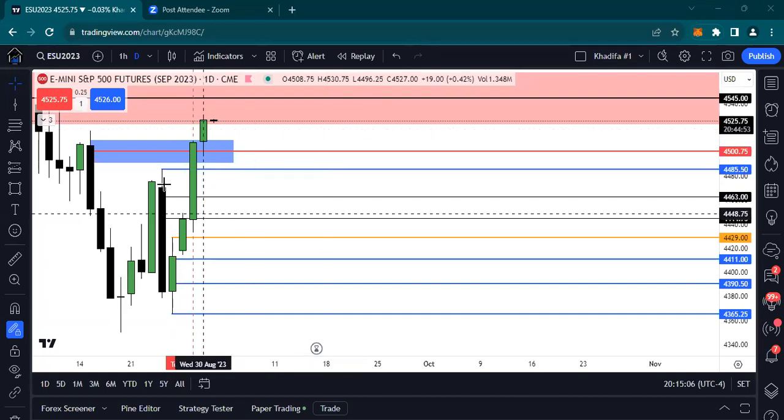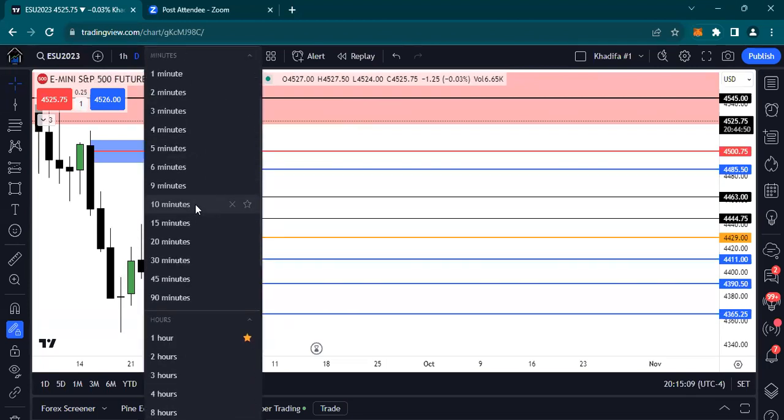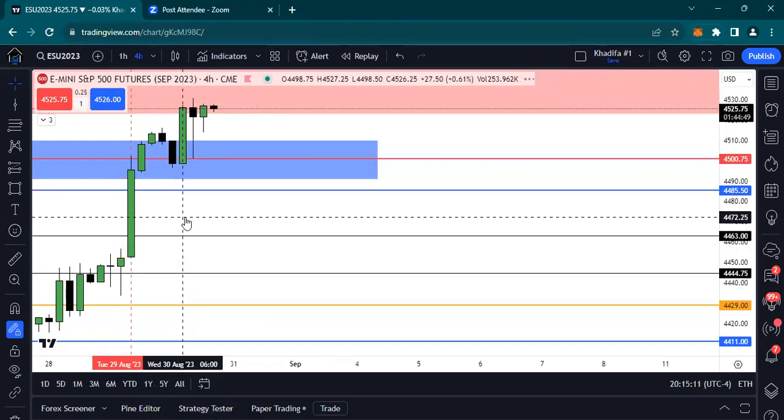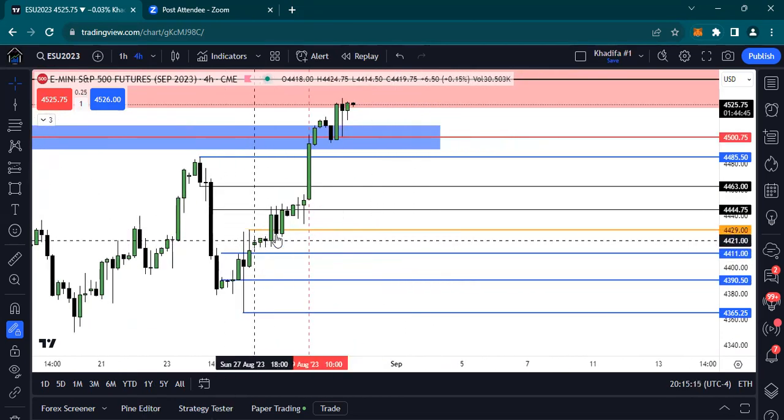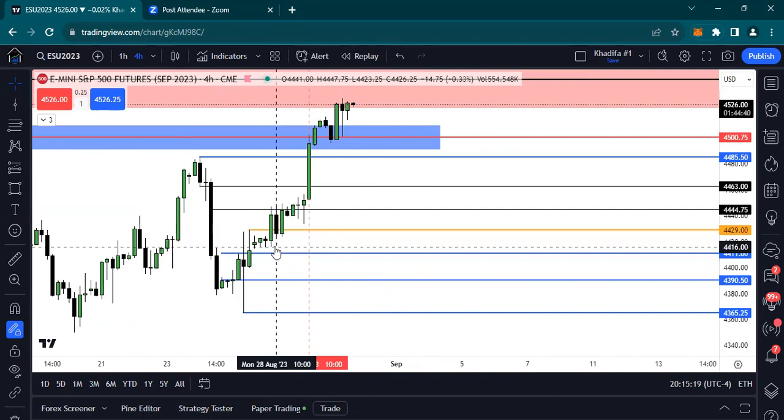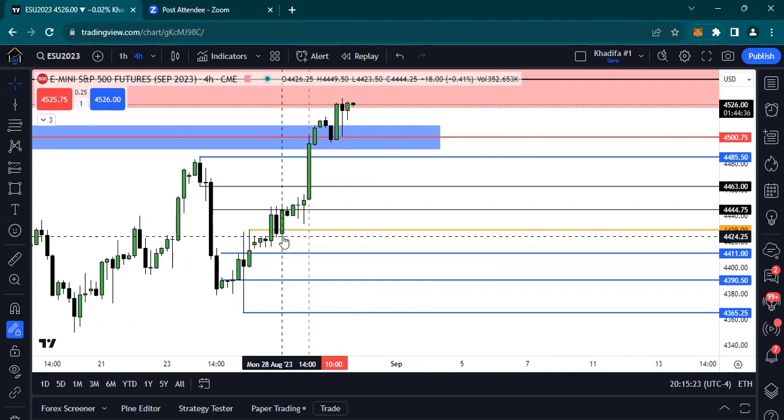Now I'm going to take you down to the 4 hour to get a better view of how price action played out going into Monday and Tuesday.